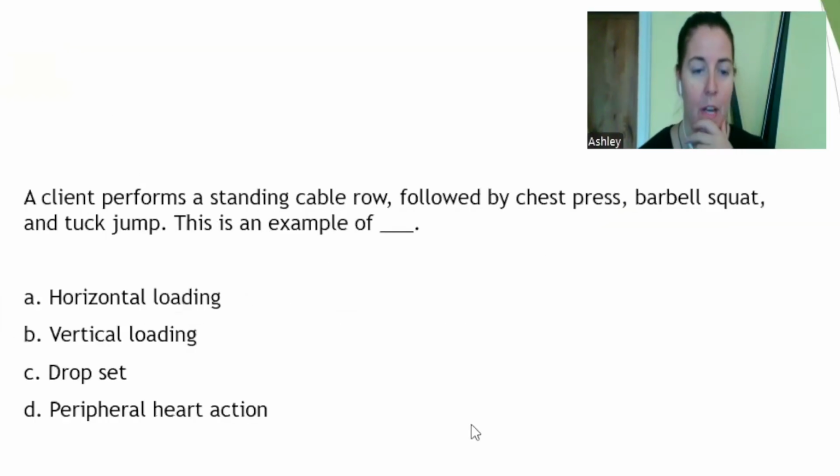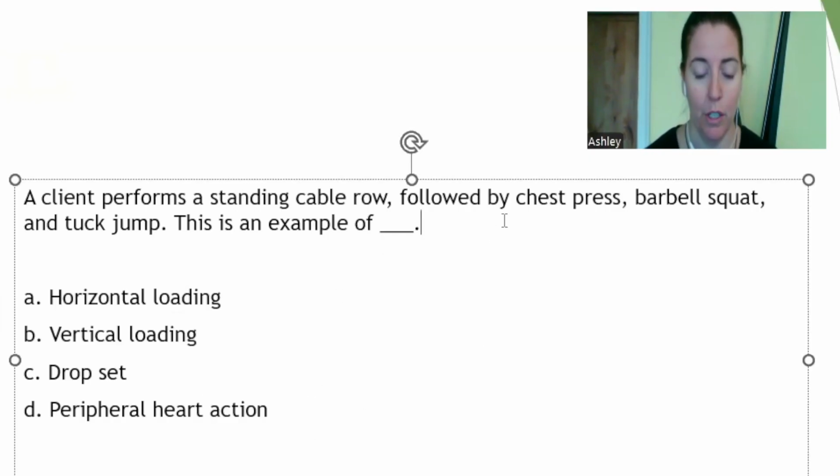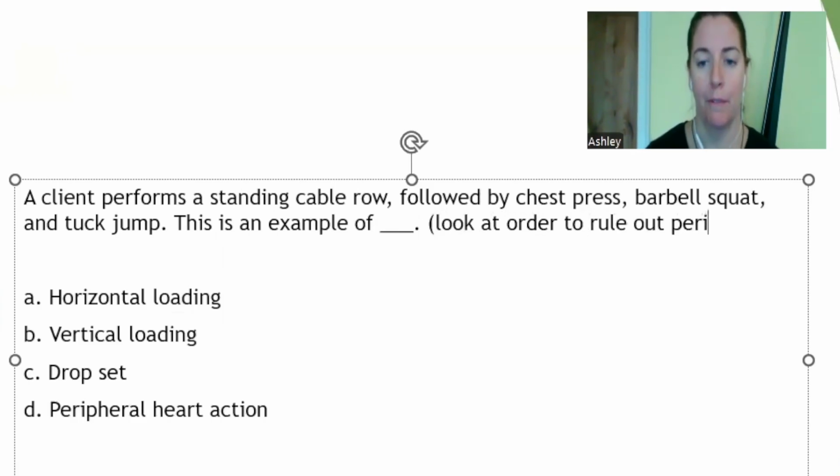A client performs a standing cable row followed by chest press, barbell squat, and tuck jump. This is an example of, so the first thing I would do is look at the order to rule out peripheral heart action, where it's going to alternate upper body, lower body.